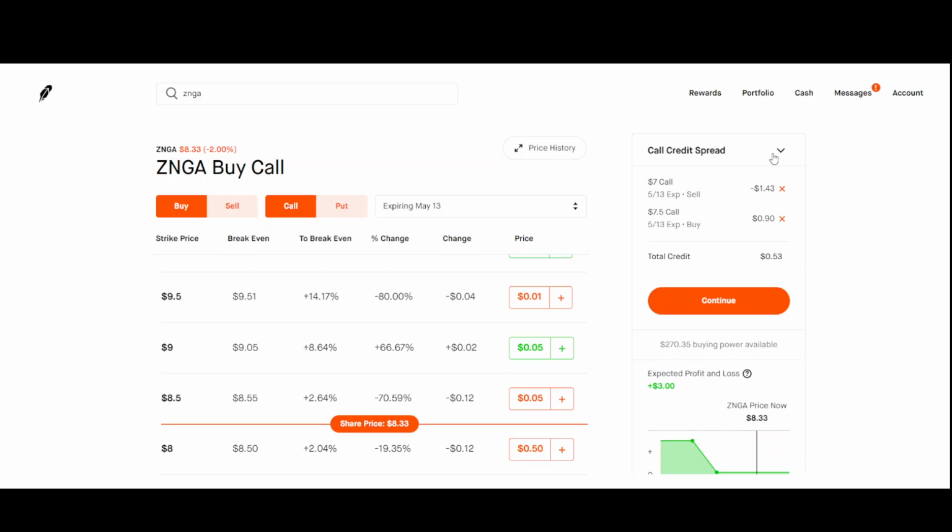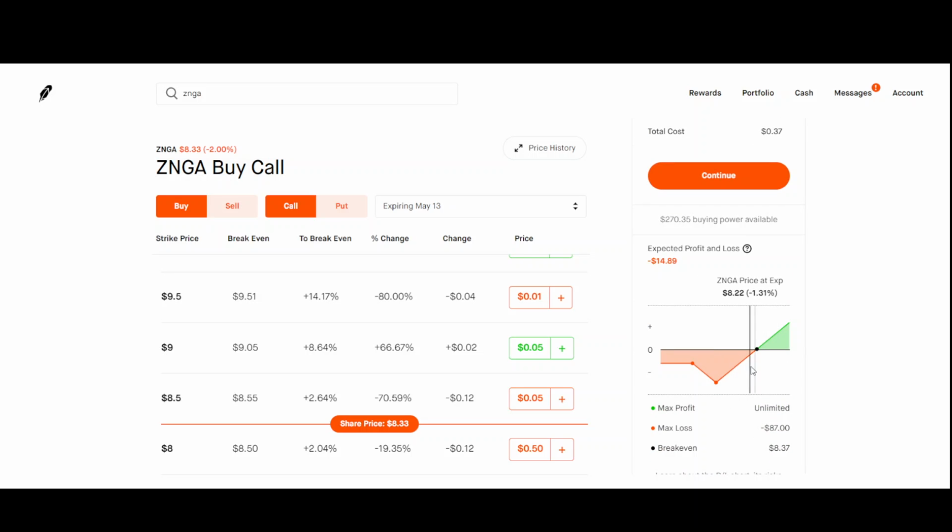Again, we only bought one until we click on this arrow, click on custom, go to buy, and switch this number to 2. Now the current price is a lot closer to the green. It only has to move a couple cents to start being profit. But if it keeps going lower, our max loss is now higher this time. Now the max loss is at 87.